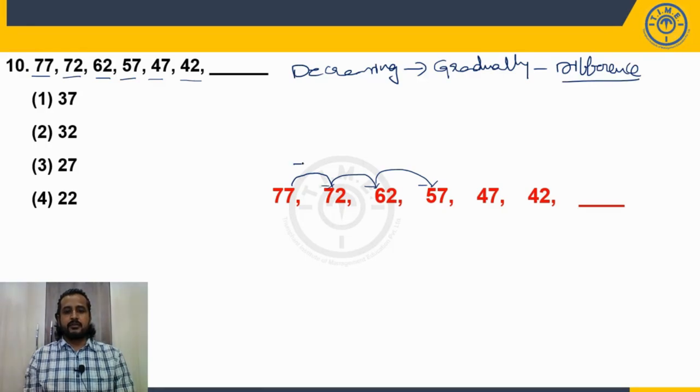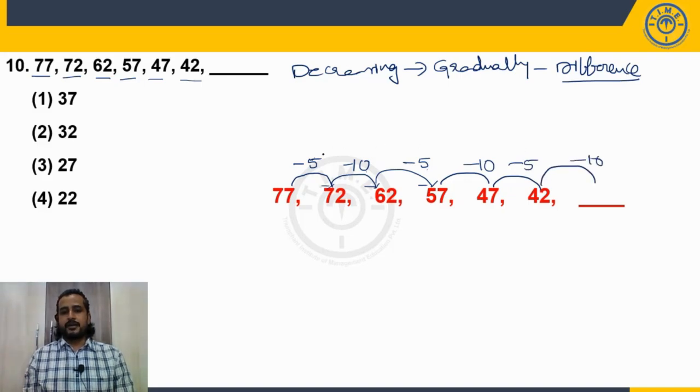77 to 72, minus 5. 72 to 62, minus 10. 62 to 57, minus 5. 57 to 47, minus 10. Now can you understand the pattern? Alternately decreased by 5 and by 10. So 47 to 42, minus 5. So what will be next?